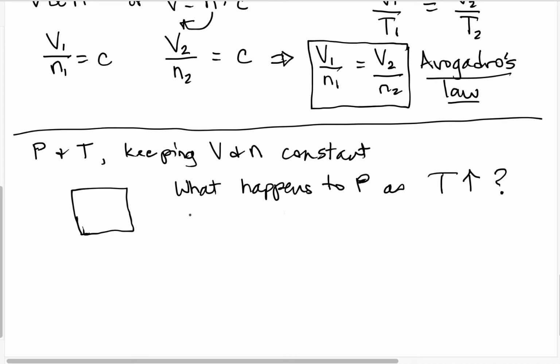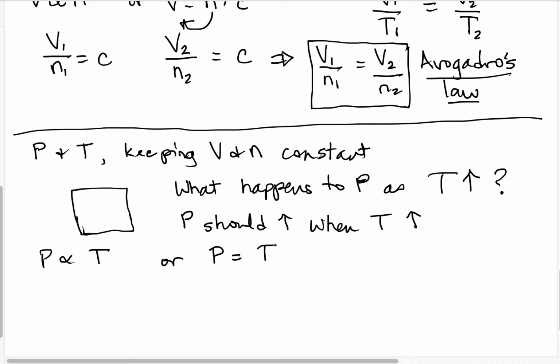And so this means that we should expect that the pressure should increase when the temperature increases. So in other words, we have another direct relationship, just like the last one, that pressure is proportional to temperature, or we can write it again as an equivalence and look at pressure being equal to the temperature times some constant.